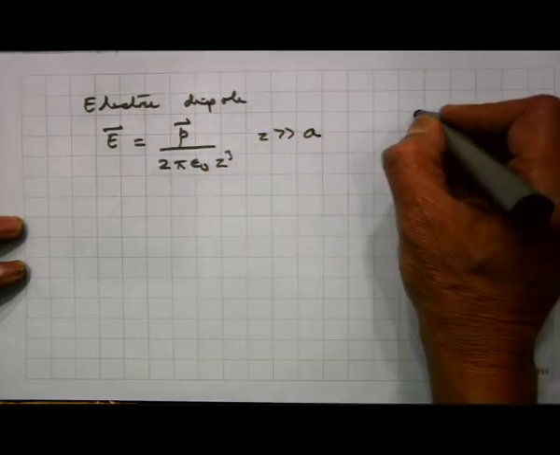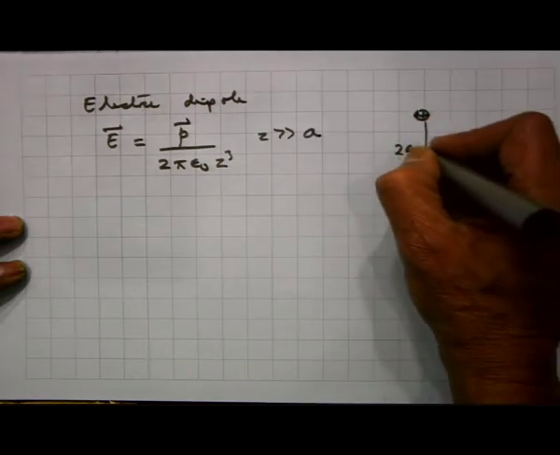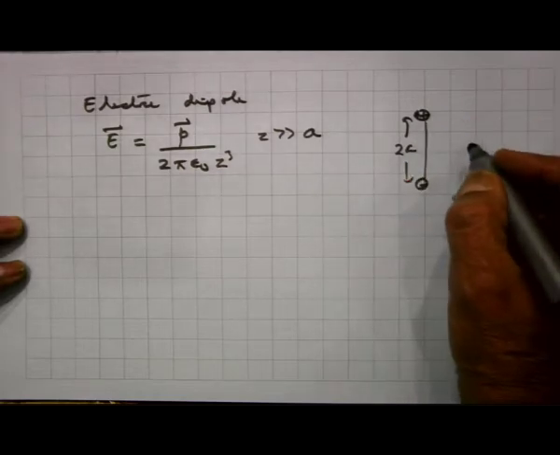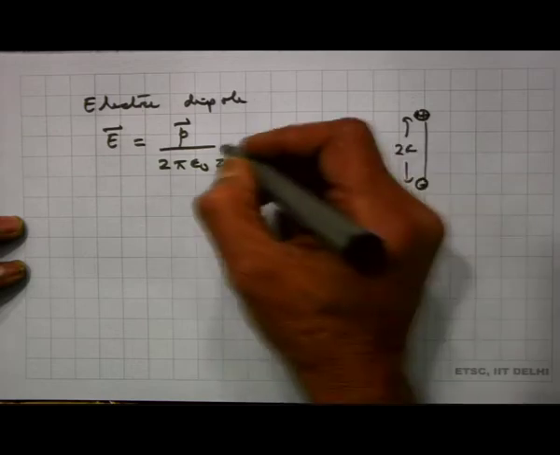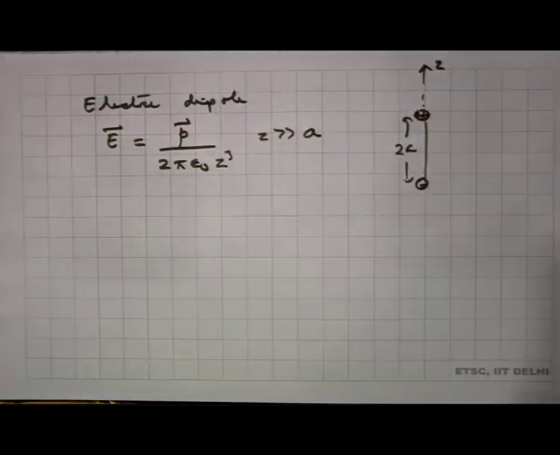So, I will call this plus and this minus, and this we had called 2a, and P was the dipole moment. This is for the z axis, for distances large compared to the size of the dipole.